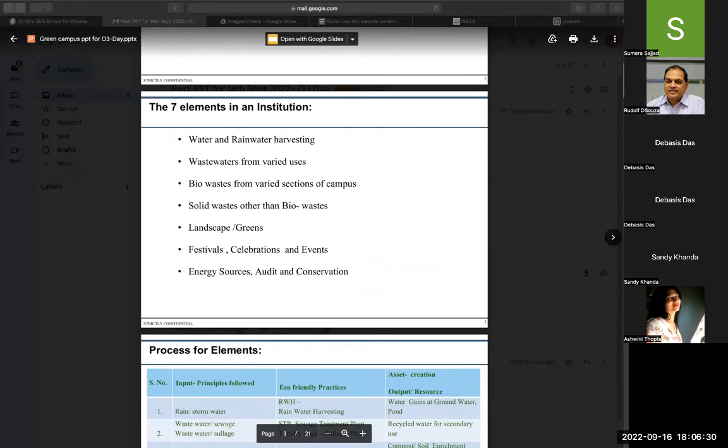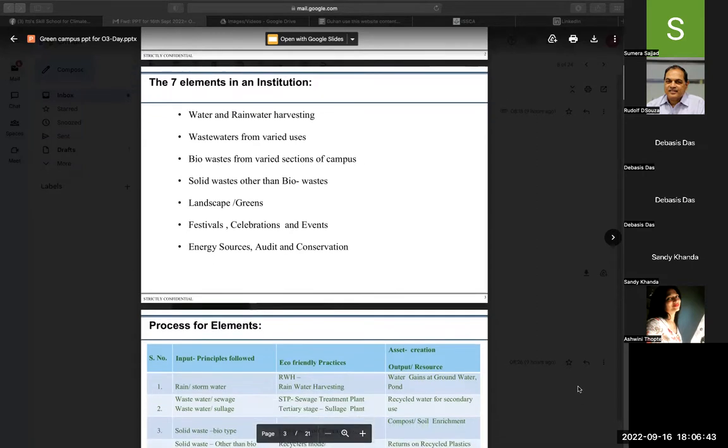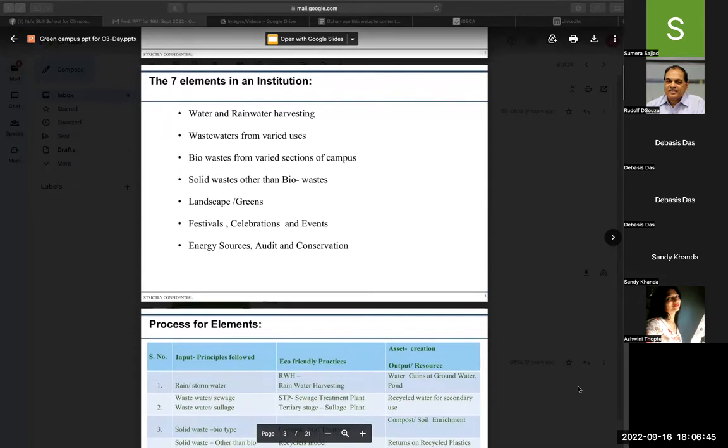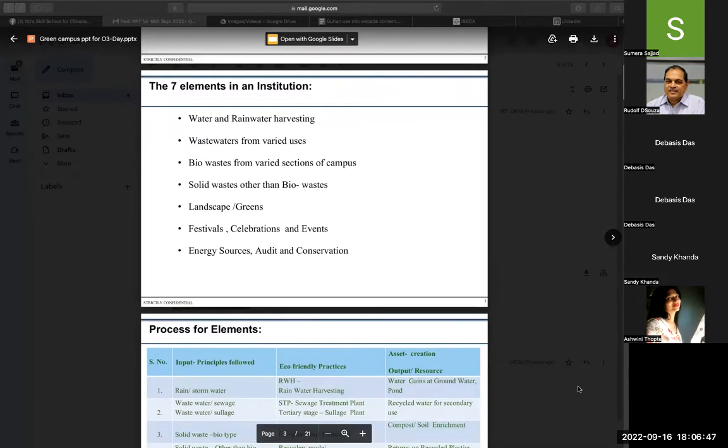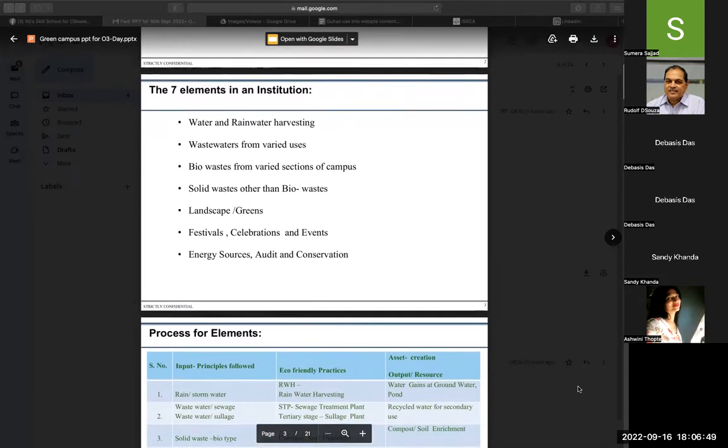You can always keep a note that these seven elements are natural elements. They have to be respected, and these natural elements are also called natural resources. So we give respect and we try to maintain as far as possible to enhance these resources.